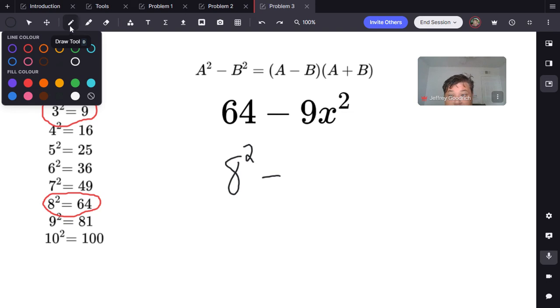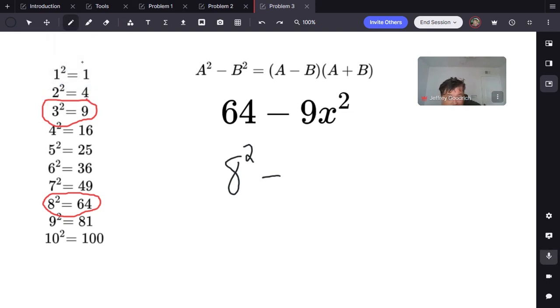Now, since it has the x with it, we've got to be a little tricky. We've got to put those parentheses with it, or else only the x is going to be squared. If you don't have those parentheses, you're just turning the 9 into a 3, and that doesn't make sense. So you need the 3 being squared as well. That's why you need little mini parentheses.